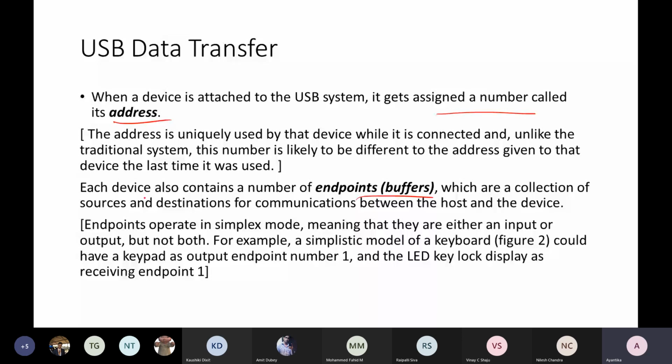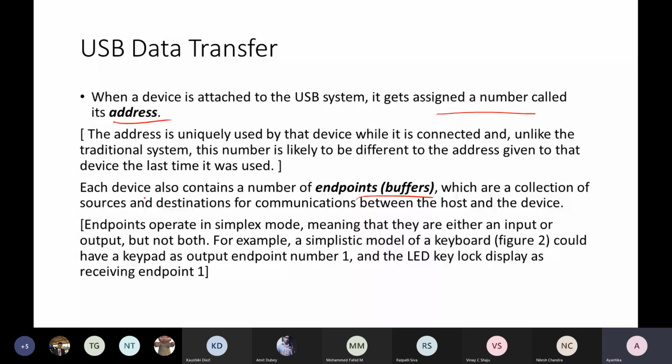When a device is connected, maybe your keyboard is connected to your PC, that is basically a USB connection. USB communication is taking place, but it is obvious that the whole keyboard is not actually communicating with the PC at a time.